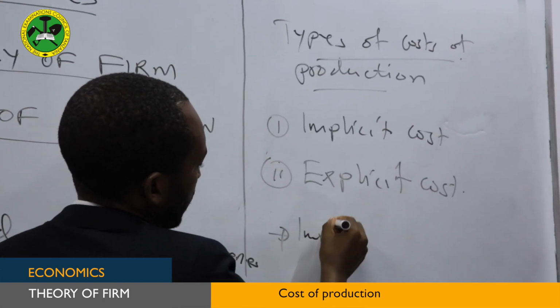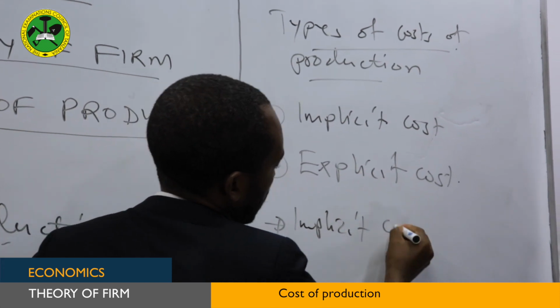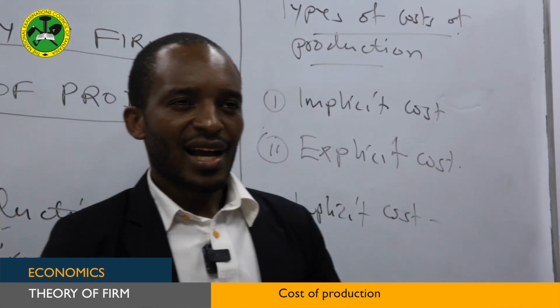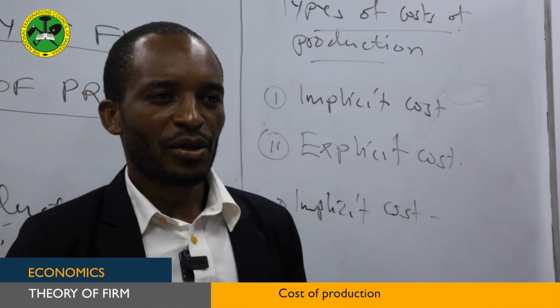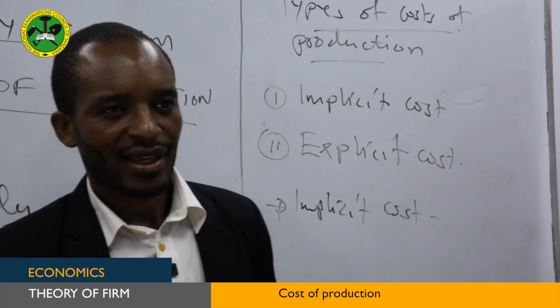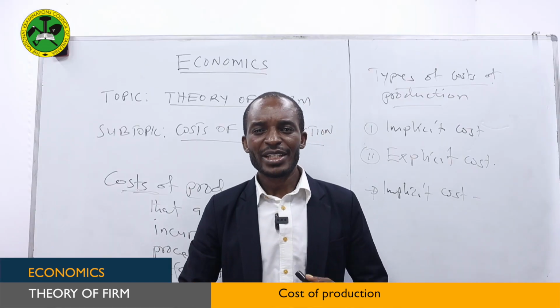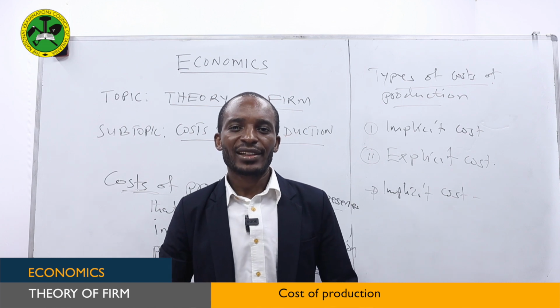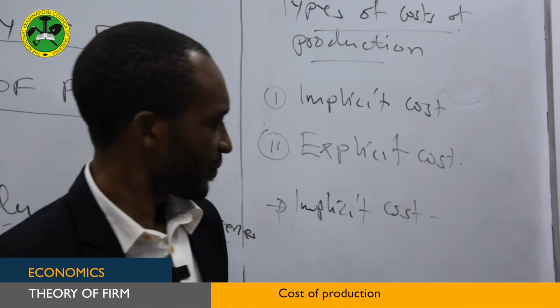Implicit costs are the benefits or advantages a firm or a businessman gives up in order to conduct another activity.